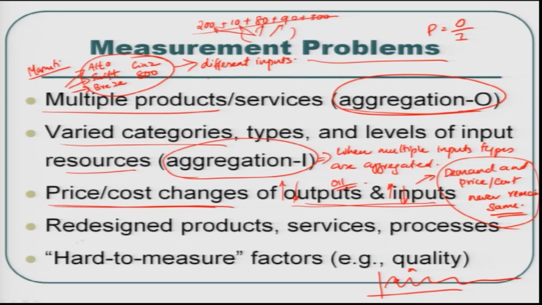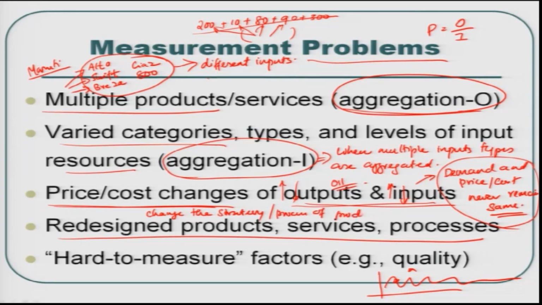Then we come across something called redesigned products and services. So when you change the strategy of production or the process of production, then you will get into a much different input and output. An example of this is the body in white process.